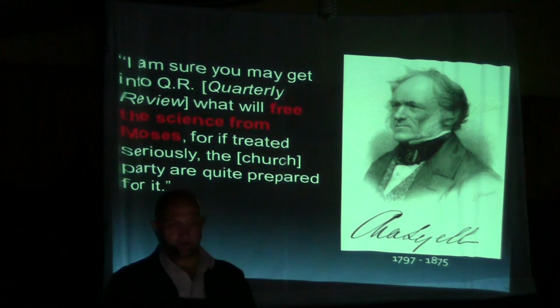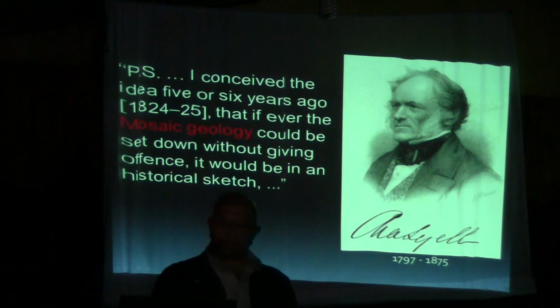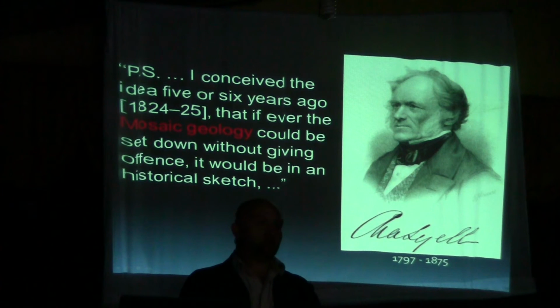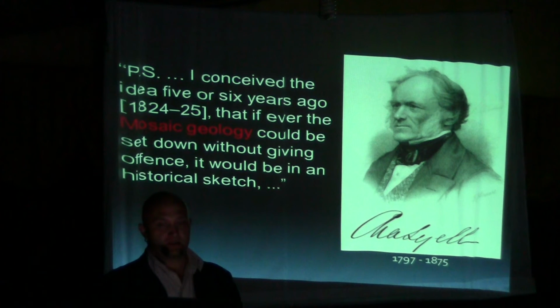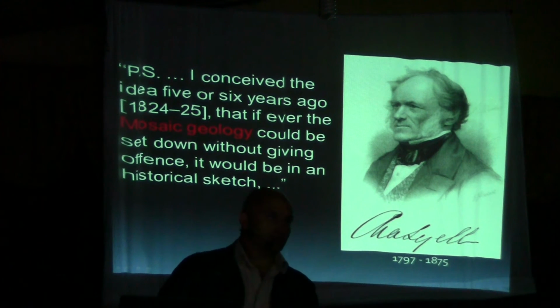Moses. For if treated seriously, the church party are quite prepared for it. I conceived the idea 5 or 6 years ago that if ever the Mosaic geology, can you see the reference to the flood there, could be put down or set down without giving offense, it would be an historical sketch. So, do you think he was objective in his approach to interpreting geology?